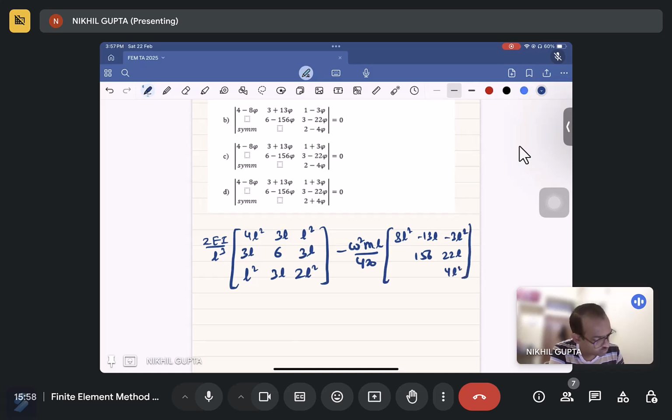This is K minus omega M. Again it will be u1 u4 u5 u6 along with it is 0. We have to make a bracket as well here.